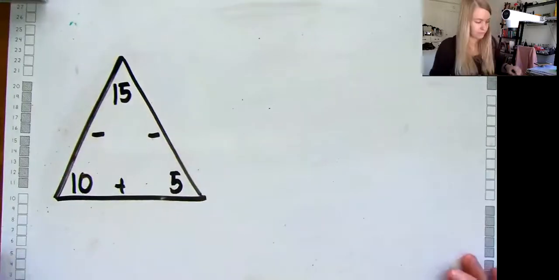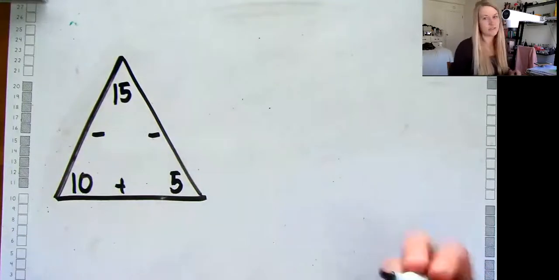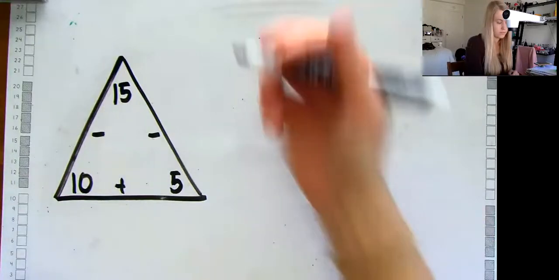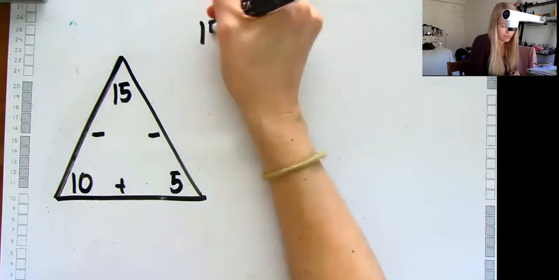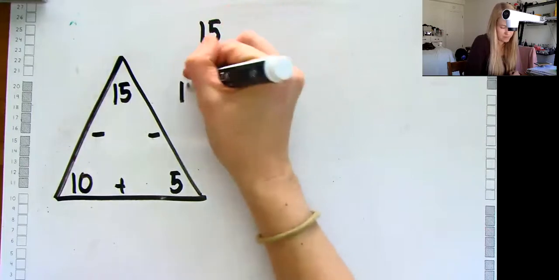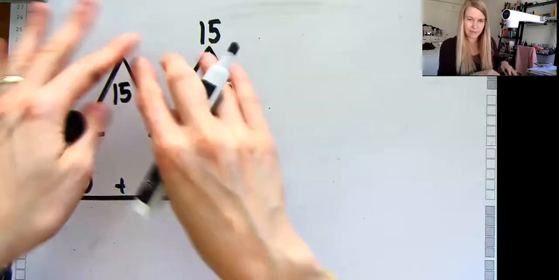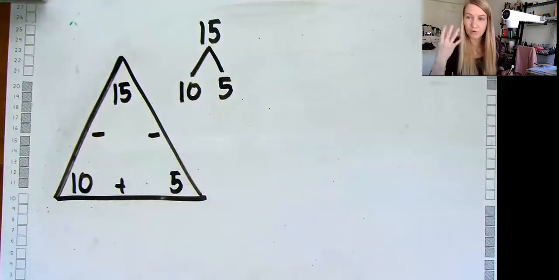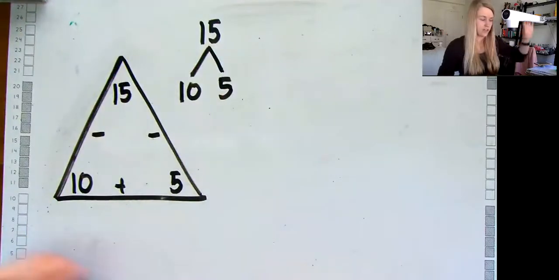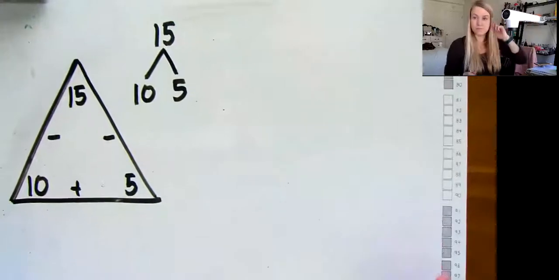I want you, using this triangle, and for those of you who are a little bit more used to seeing it like this, it's the same as this, same thing, just a little more elaborate. I'd like you to write the 4 fact families, 2 addition, and 2 subtraction. Go ahead, do that on your whiteboard.